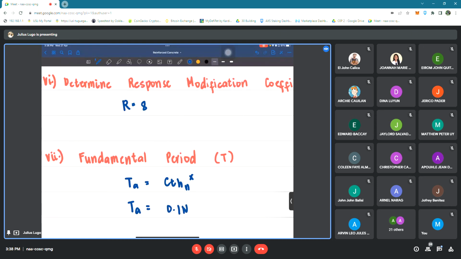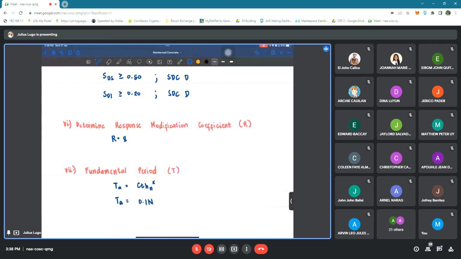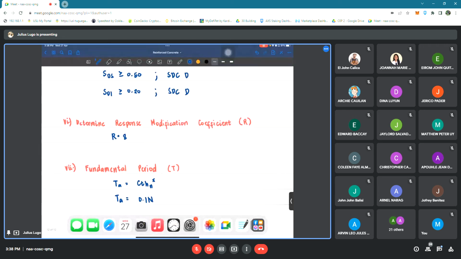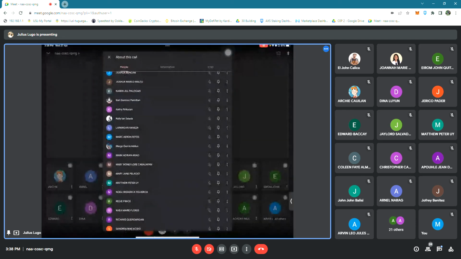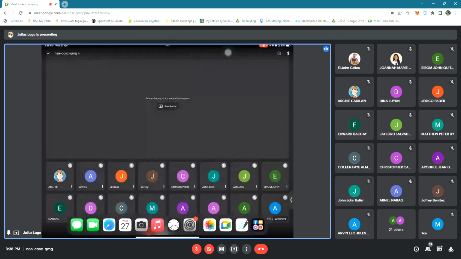Okay. So in this particular problem, what will be the formula that we are going to use? Kasi there are two, right? So anong gagamitin namin formula? What formula are we going to use?